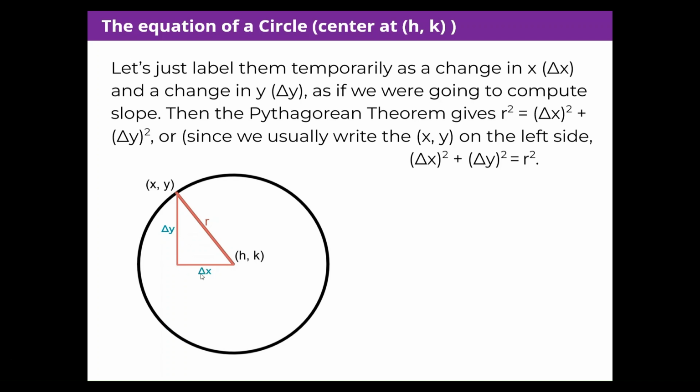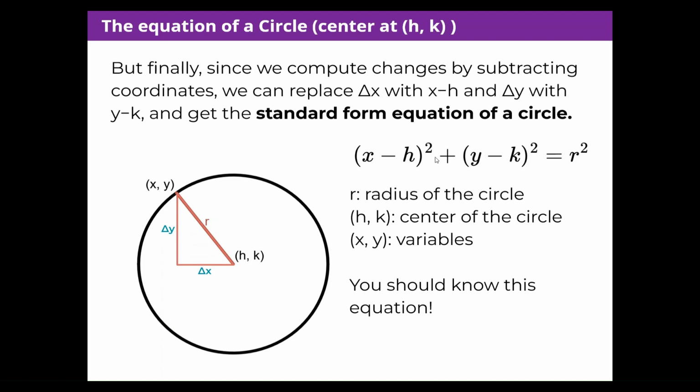So if I throw the Pythagorean theorem at this, I get the change in x squared plus the change in y squared has to be the radius squared. But thinking back to what we did with lines, the way we get changes is by subtracting. So we're going to subtract so that the variable x and the variable y are first.